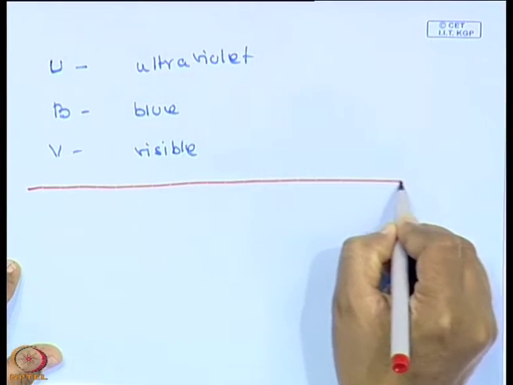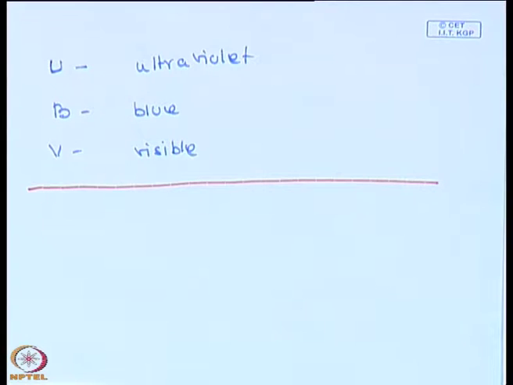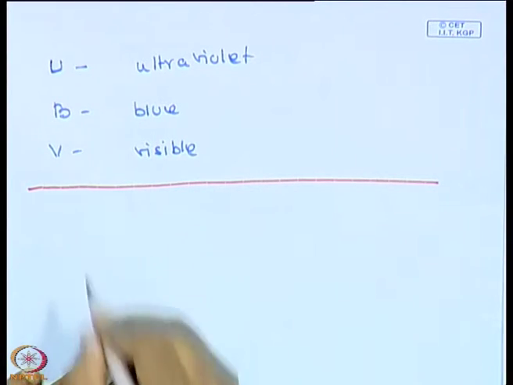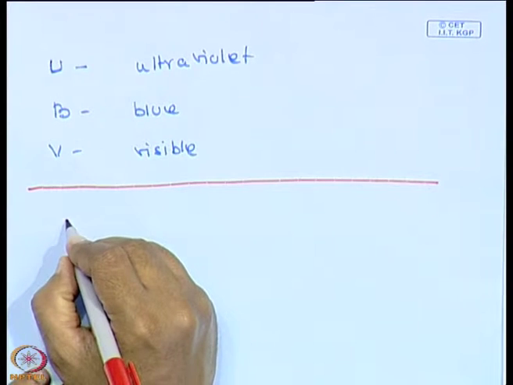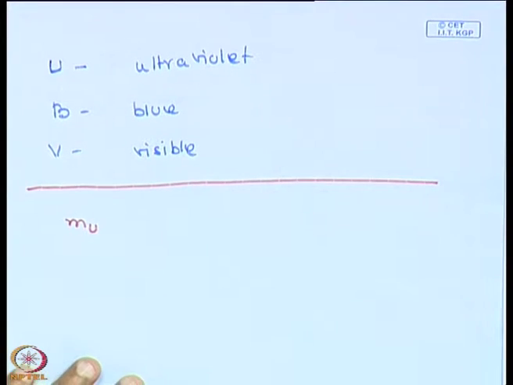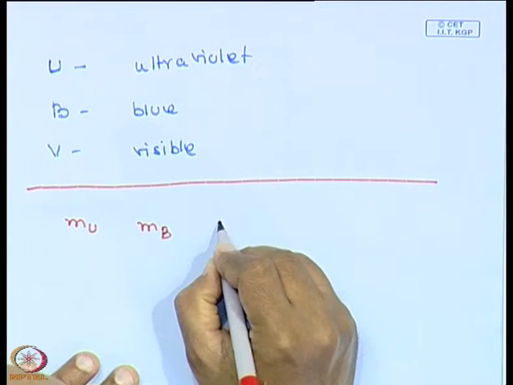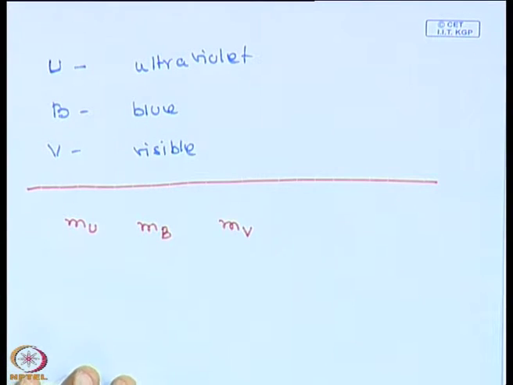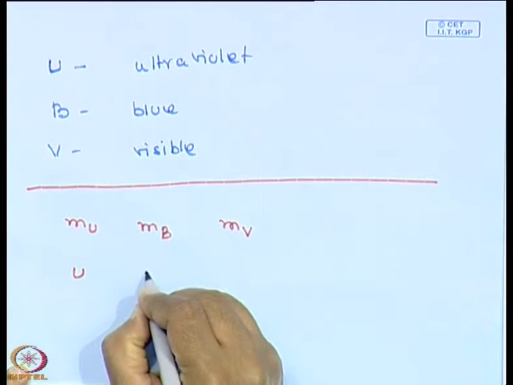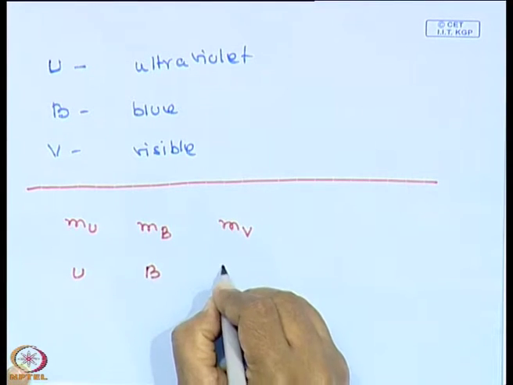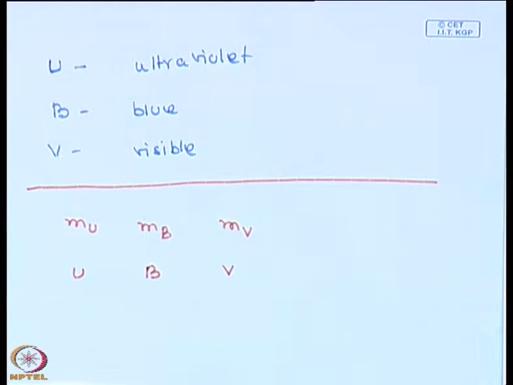The second point here is that the apparent magnitude in the U band, for example, will be referred to as mu. The apparent magnitude in the B band will be referred to as mb, and the apparent magnitude in the V band will be referred to as mv. Or you could refer to it as U, B and V. So, there are different notations to refer to the apparent magnitude in different bands.